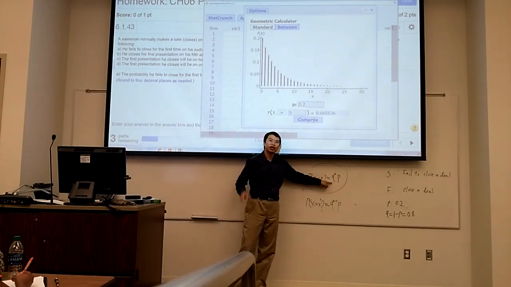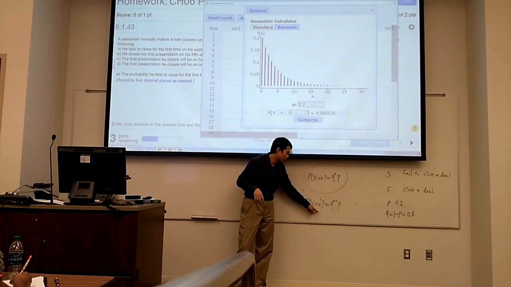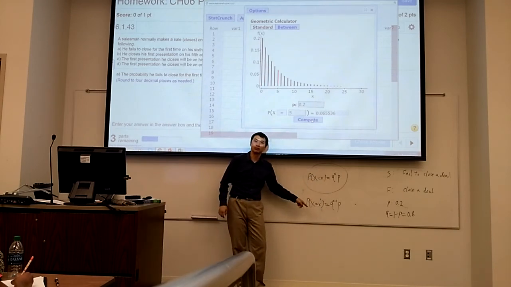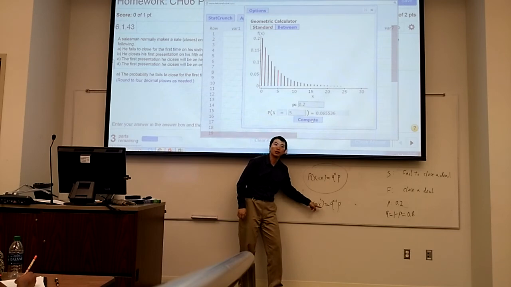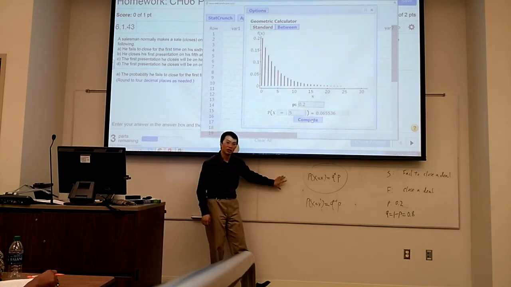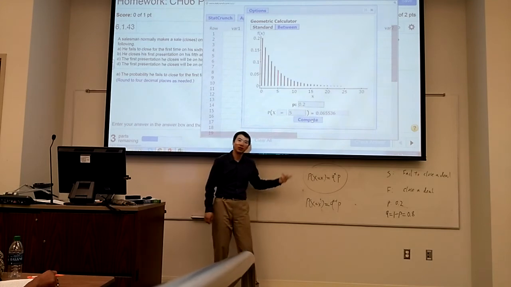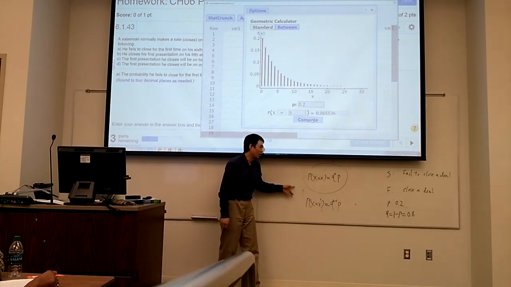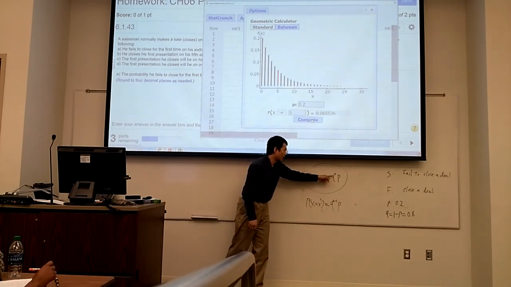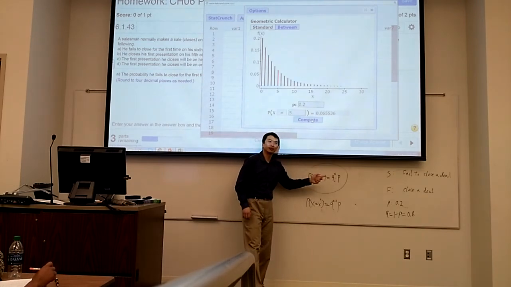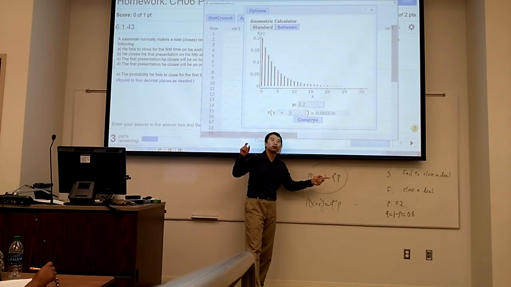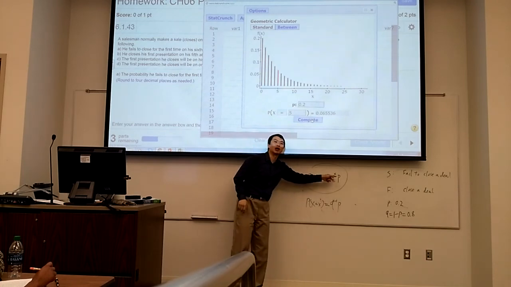So if you have any other calculator which uses this model, the X should be equal to 6. Okay? You have to remember, in different calculators, they may use different definitions for the model. So if the model considers the X as the number of failures, and you know the number of trials, you have to use the number of trials minus 1 as the parameter.